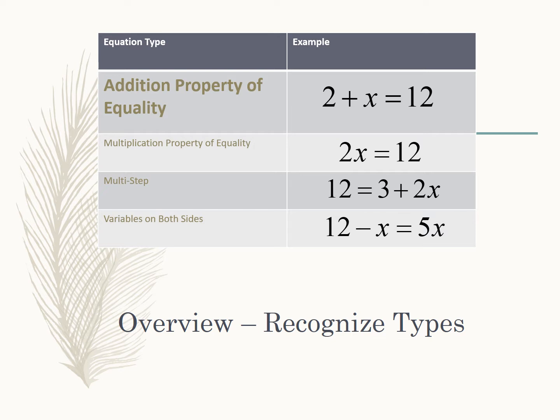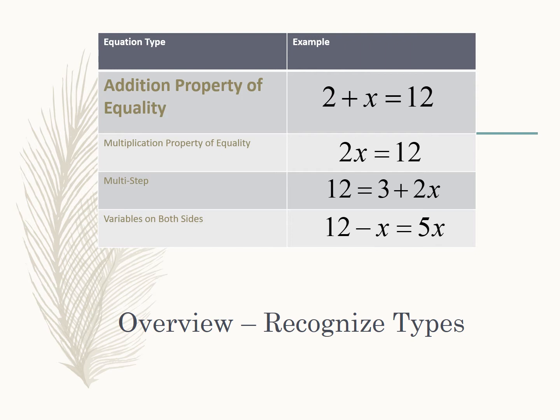In the fourth example, we'll notice that we have a value of x on the left side of the equal sign as well as the right side of the equal sign. Hence, the equation type, we call it variables on both sides. Remember, both the multiplication property of equality, multi-step type equations, and variables on both sides will be addressed in a different lesson.